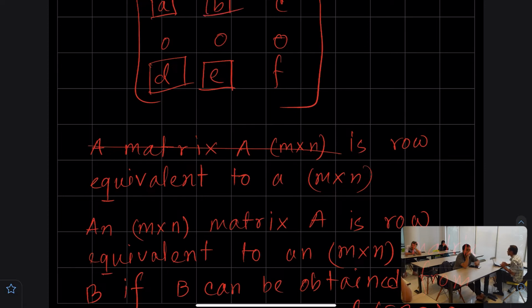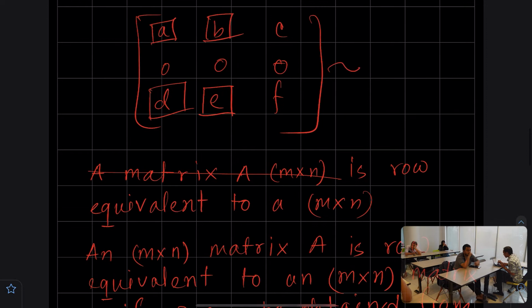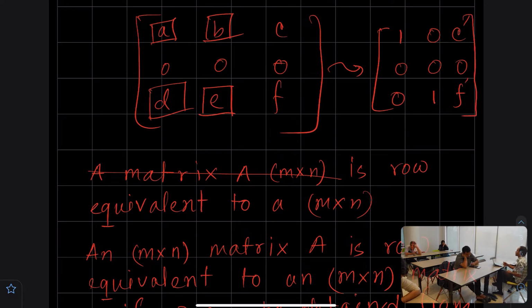So this will be something like 1 B' C', 0 0 0, 0 1 F'. So this is a row reduced matrix, right?